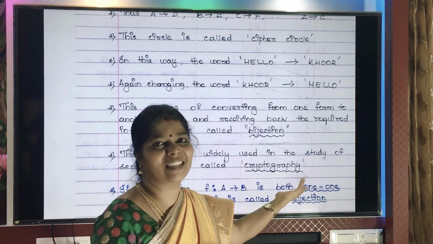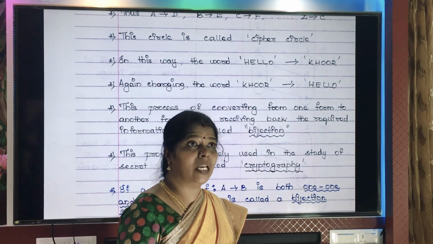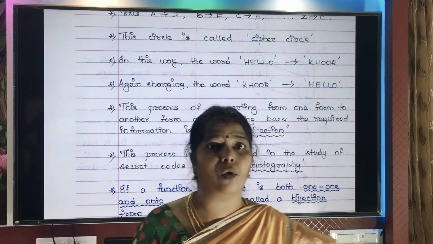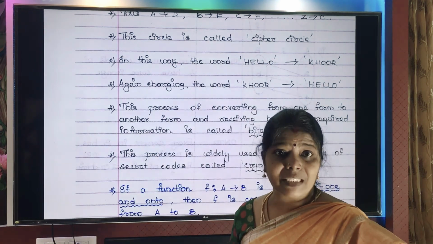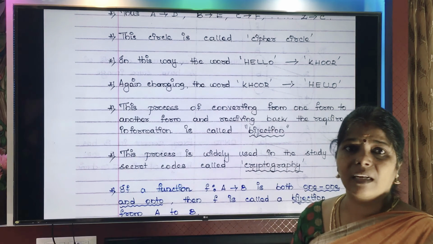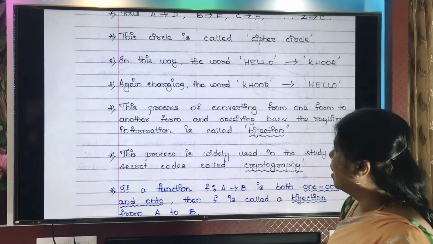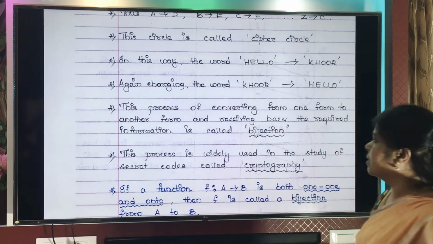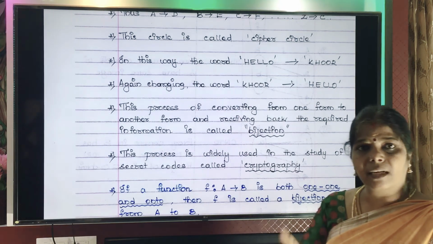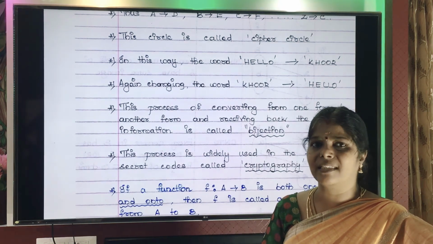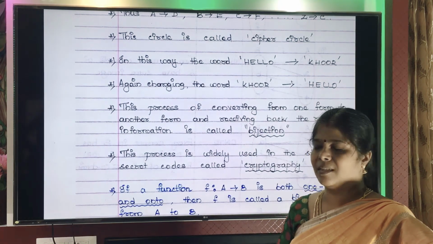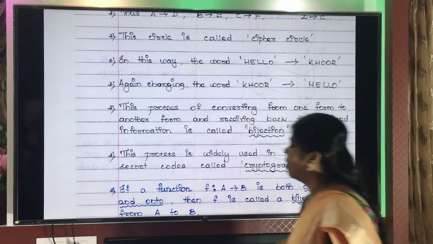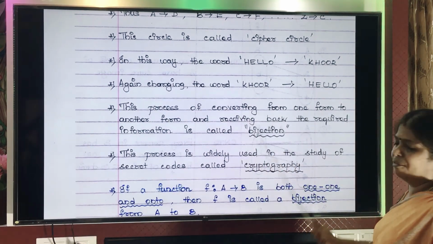More or less it is the same thing, and you could have seen such kind of secret coding will be used in investigation departments, in crime departments. And there is a good terminology for the study of secret codes, and that terminology is called as cryptography.